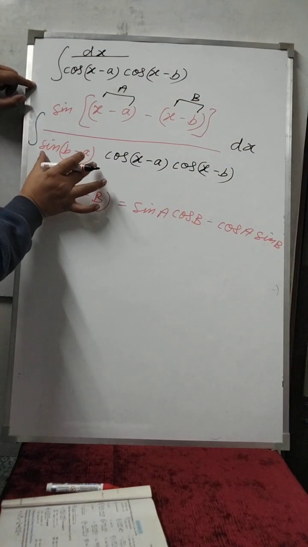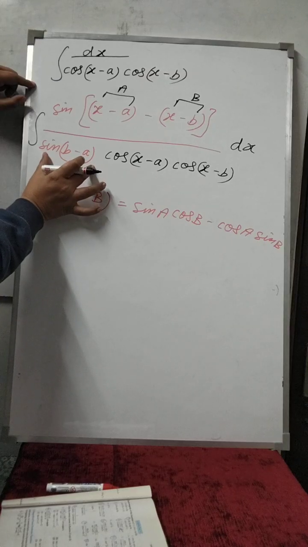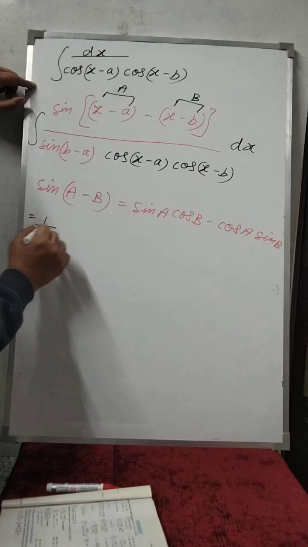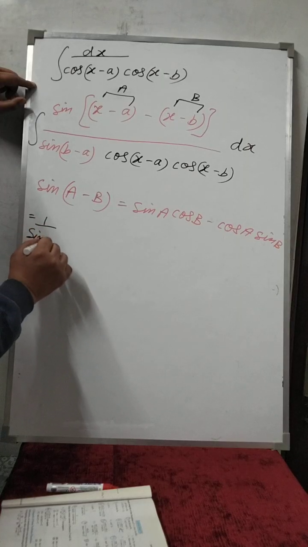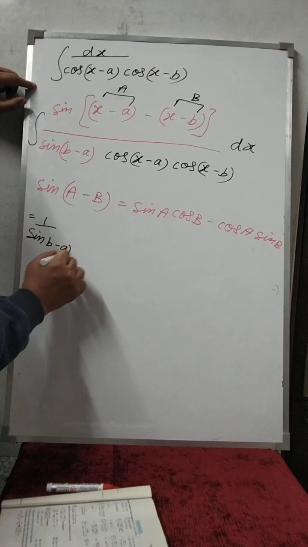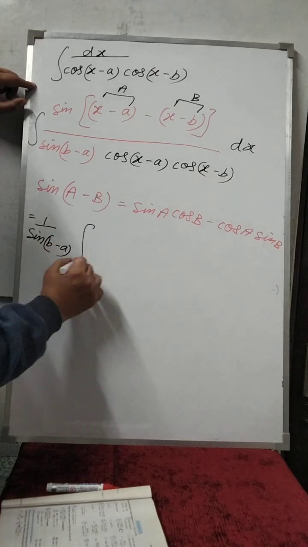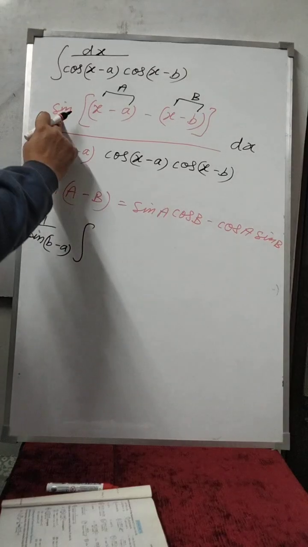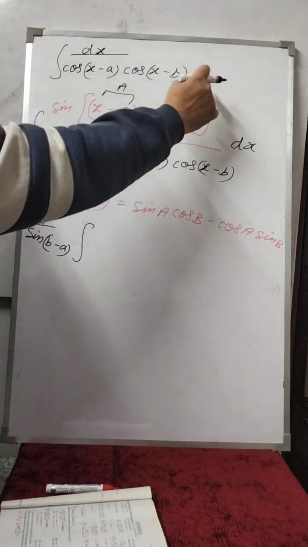So this is sin b minus a, it is a constant, so it will come out of integration. So my question will become 1 upon sin b minus a, integration. So this is sin a minus b.